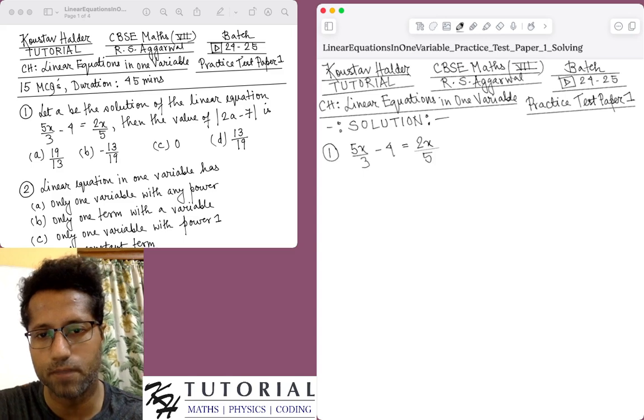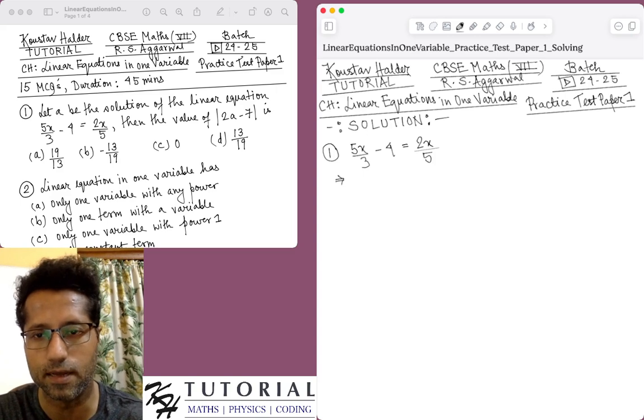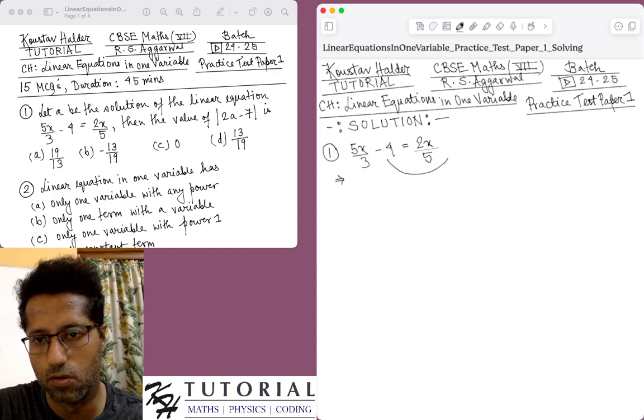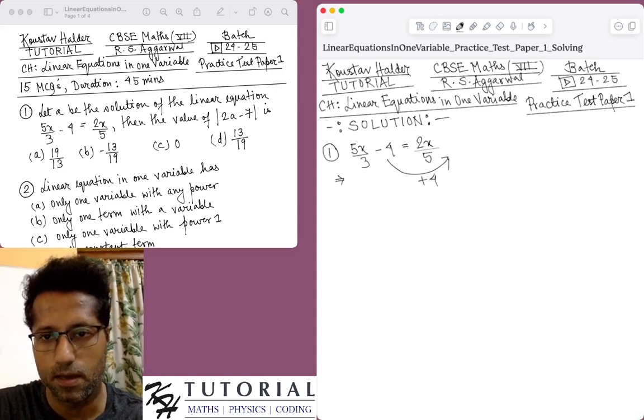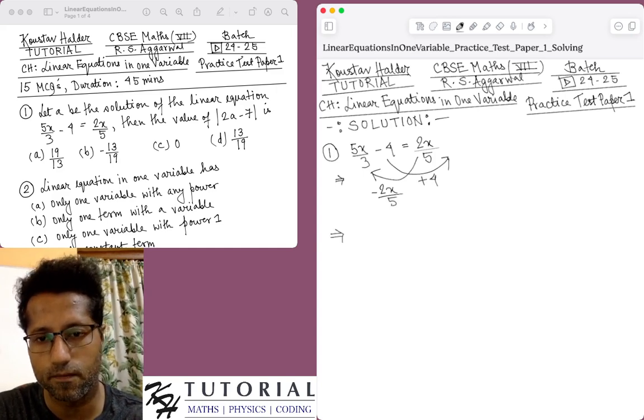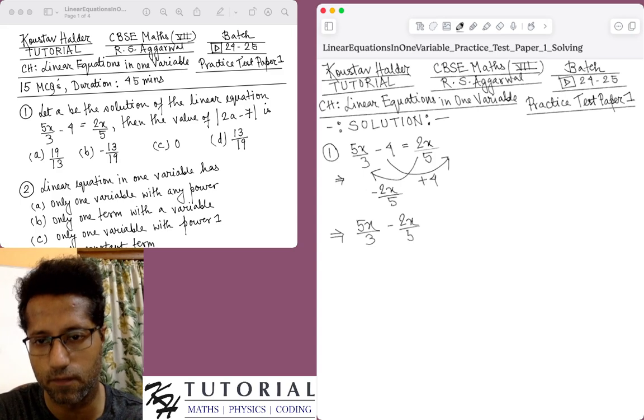Let's bring the x terms, the variable terms, on the left hand side and the constant on the right hand side. So this 4 will go to the right hand side as plus 4, and 2x by 5 will go to the left hand side as minus 2x by 5. After transposition of the terms, we get 5x by 3 minus 2x by 5 equals plus 4.